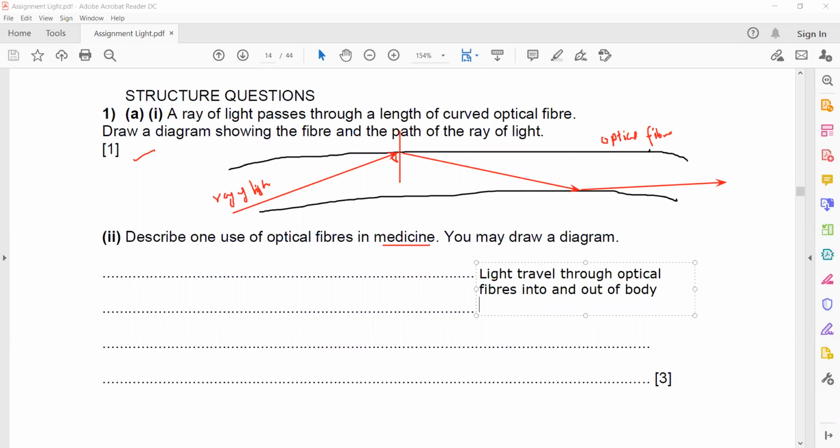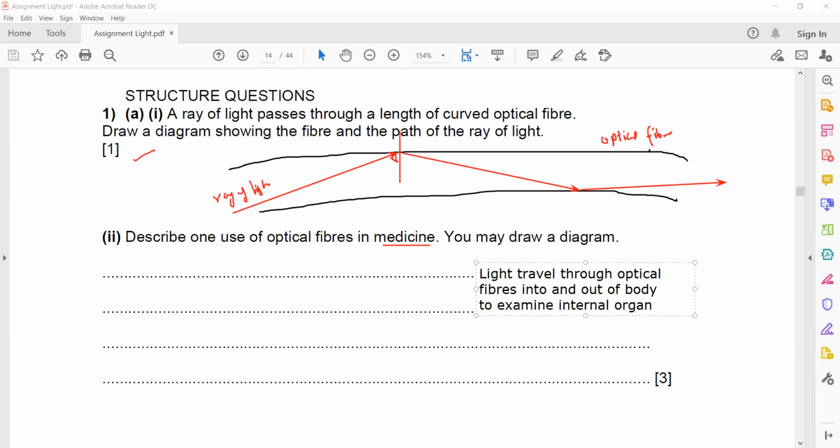That's one thing. Then what happens? It makes it possible to examine the internal organs. And this technique is known as endoscopy.